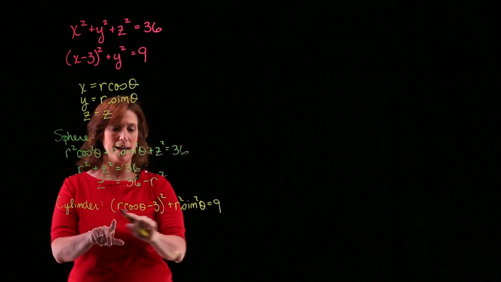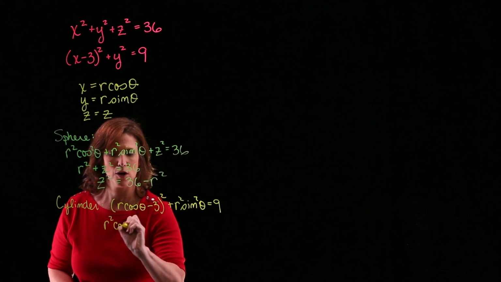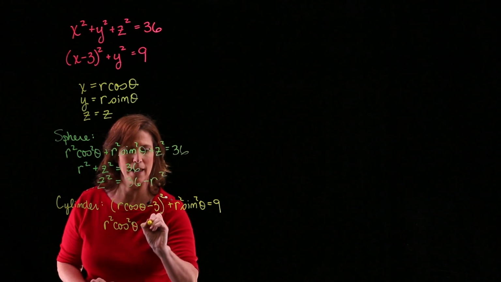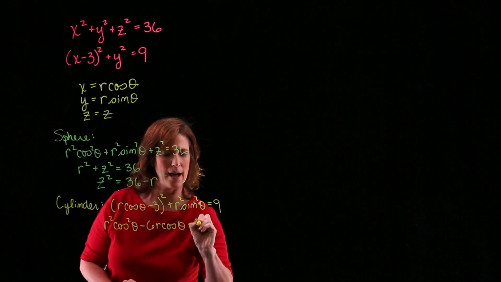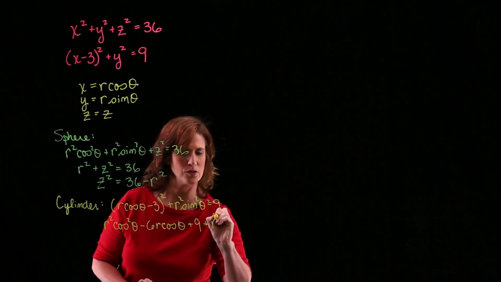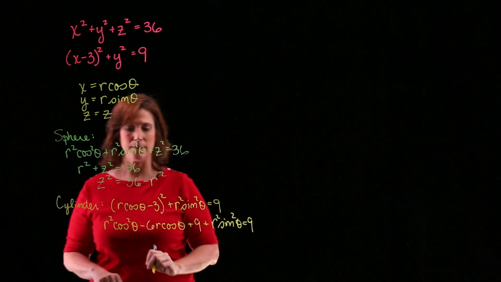Okay. Multiplying this first term out, I'll get an r squared cosine squared theta minus 6r cosine theta plus 9, and then plus r squared sine squared theta equals 9.